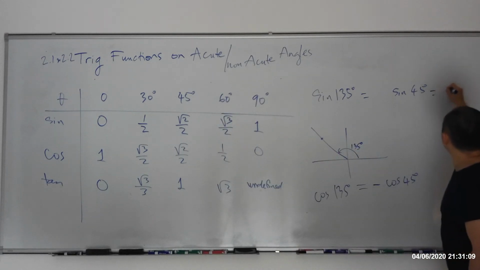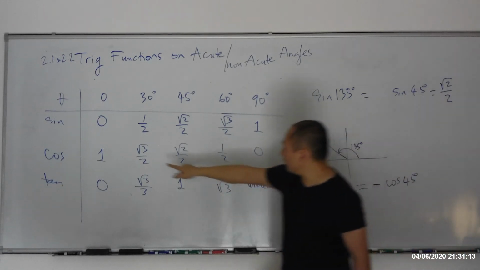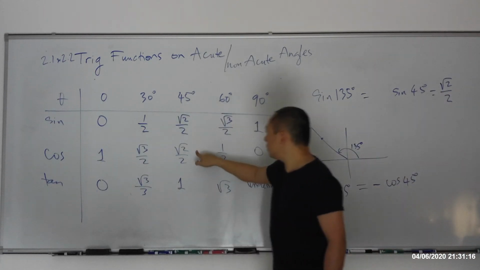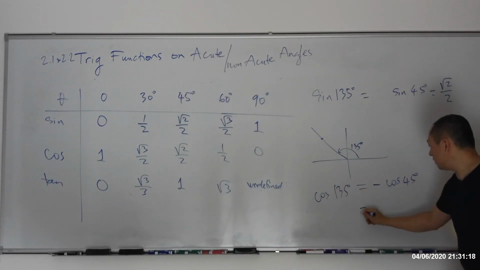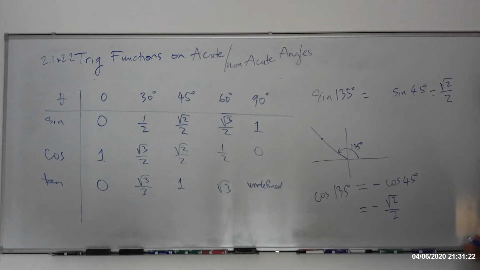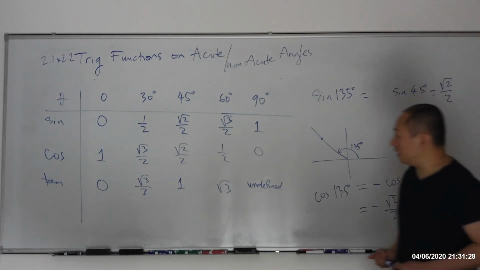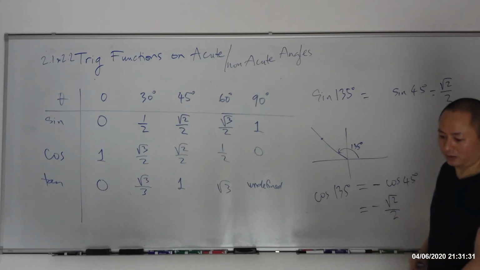So this is equal to root 2 over 2. What about this one? Cosine of 45 degrees is right here, root 2 over 2, with a negative sign in front. So negative root 2 over 2. Okay? And with that table, you can take care of many of the problems that we have in the homework.